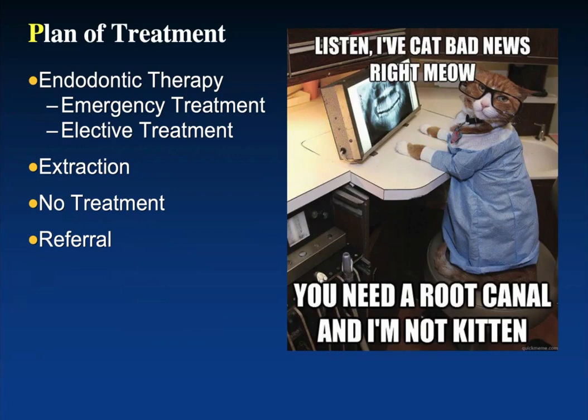Endodontic therapy that you started as an emergency treatment or elective treatment, especially if the tooth is broken and you need to have a post inside the tooth to support the restoration. You want to do it electively. Or if the tooth is cracked, has reversible pulpitis, and you want to apply a crown, you can do it electively as well. Or extraction, if the tooth is not restorable.